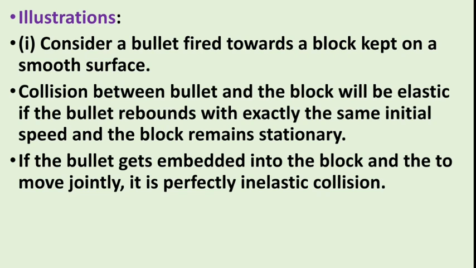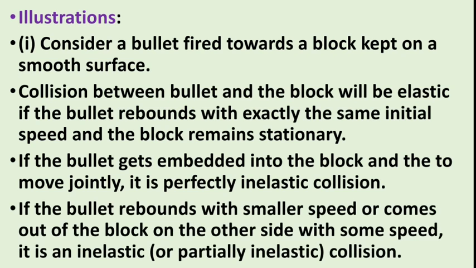If the bullet gets embedded into the block and they move jointly, it is perfectly inelastic collision. If the bullet rebounds with smaller speed or comes out of the block on the other side with smaller speed, it is an inelastic or partially inelastic collision.